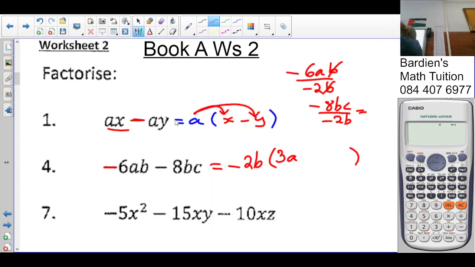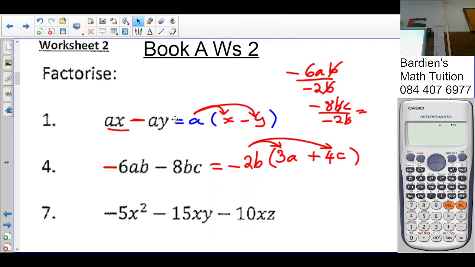Negative 8 divided by negative 2 is positive 4c. And we can check if we're correct. Negative 2b times 3a, negative 6ab. Negative 2b times 4c, negative 8bc. Understand? Alright.